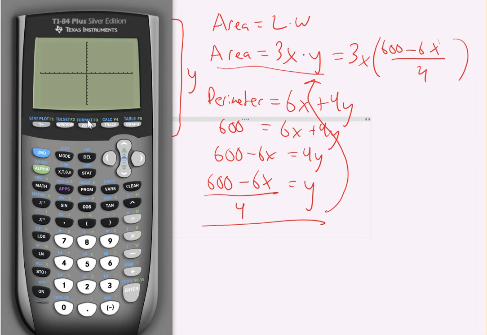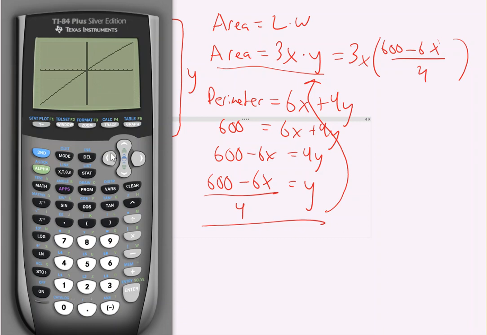Pretty unlikely. So I need to either manually adjust these x and y values in window and do a little bit of guess and check to make it look right. I can also zoom out a few times, and that doesn't necessarily look great. If you go down far enough, you can find zoom fit, and this is where your calculator tries to make a good guess for you.